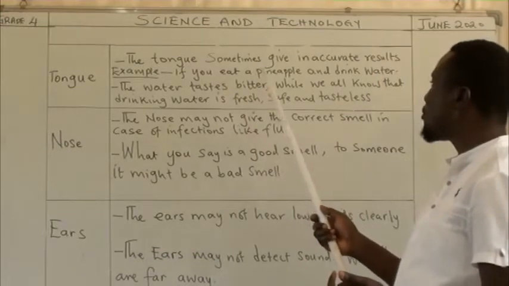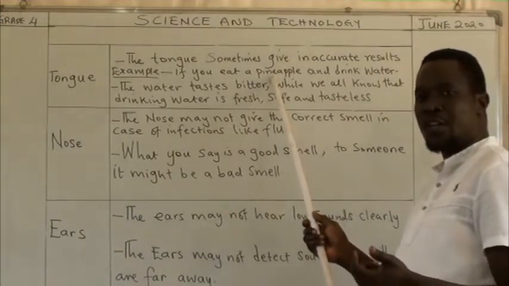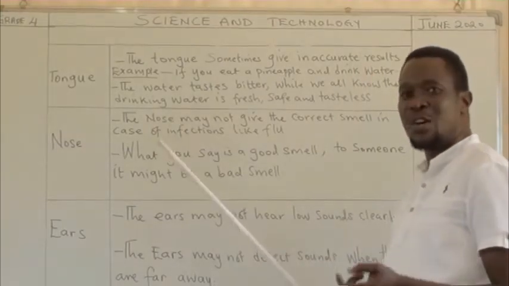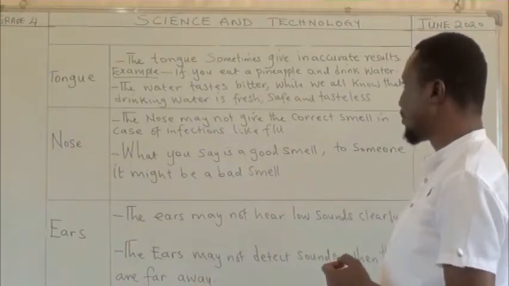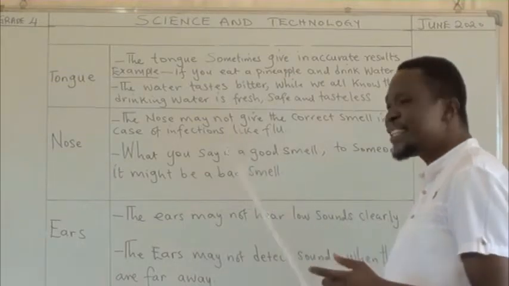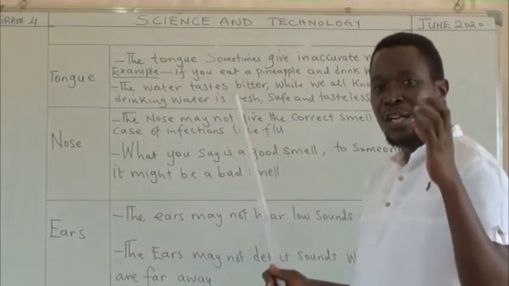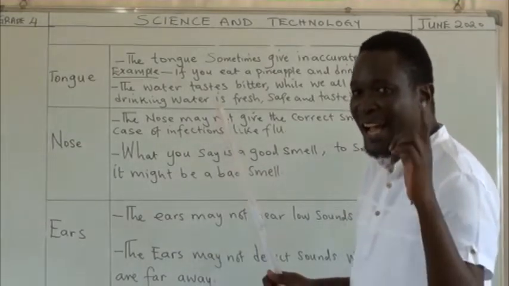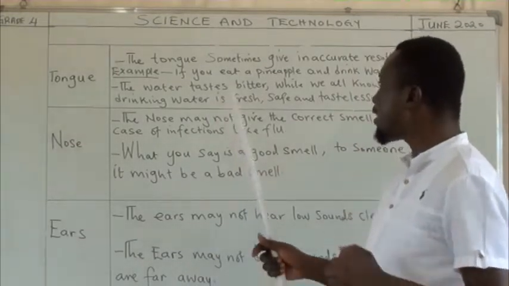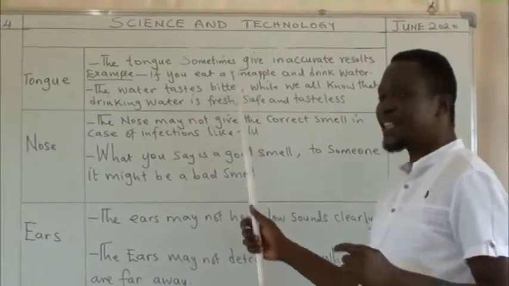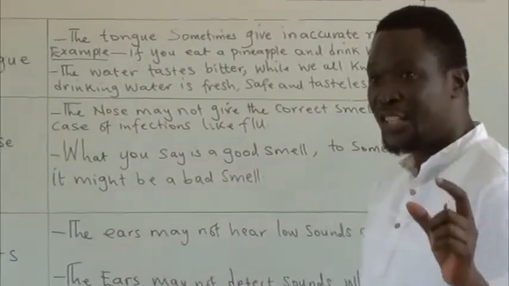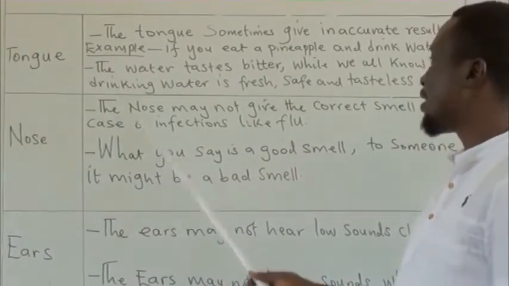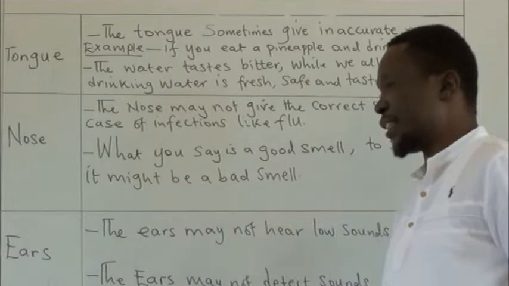For example, if you eat pineapple or chew sugarcane, then you drink water, the water tastes bitter. In real sense, we know that drinking water is clean, fresh, tasteless, and very safe. But here your tongue, which is a sensory organ for tasting, gives you a wrong taste of the water. That is a limitation of the tongue.